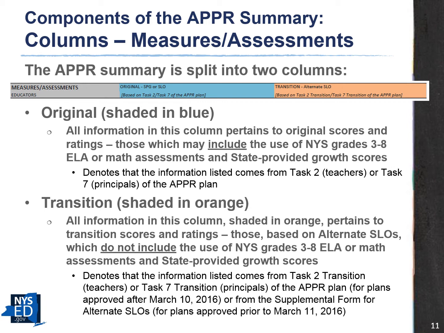Denotes that the information listed comes from Task 2 transition for teachers or Task 7 transition for principals of the APPR plan for plans approved after March 10, 2016, or from the supplemental form for alternate SLOs for plans approved prior to March 11, 2016.